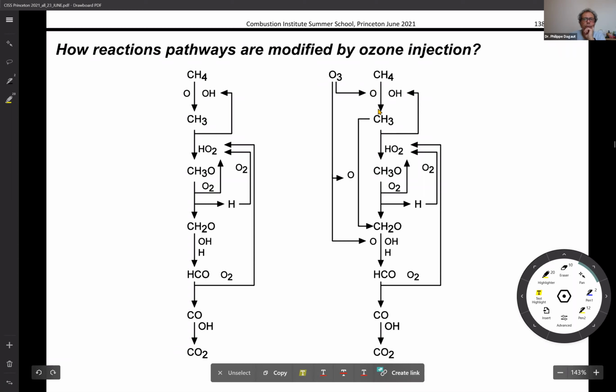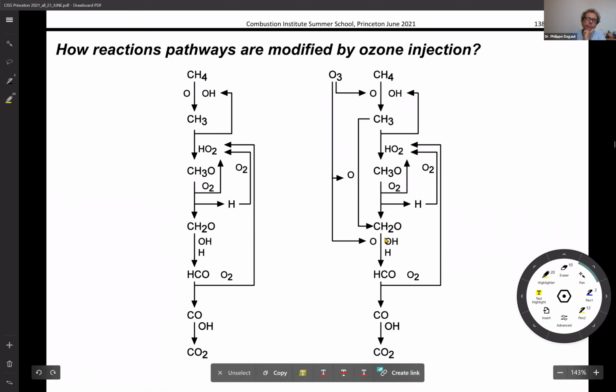you still produce CH3. CH3 are still oxidized by HO2 to produce CH3O, which reacts with O2, and the same way you get HO2. But O atoms can react also with CH3, which is new, and contribute to the formation of formaldehyde.